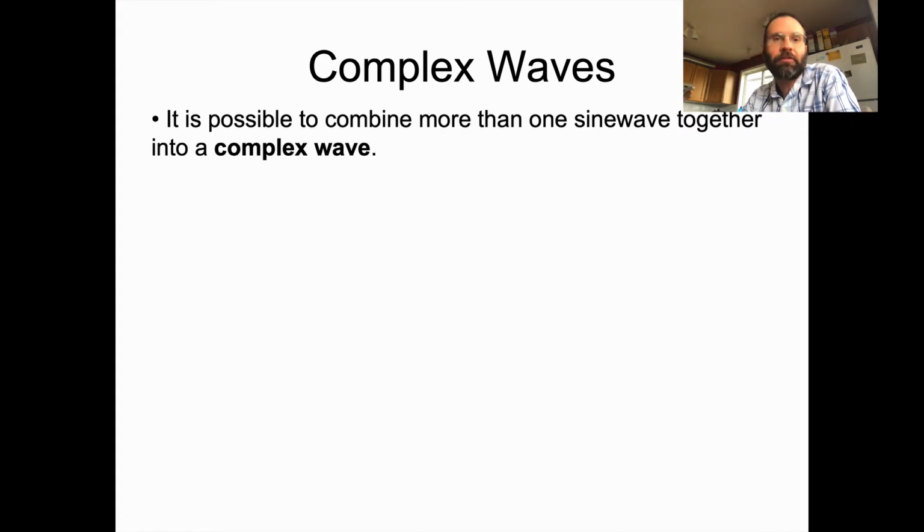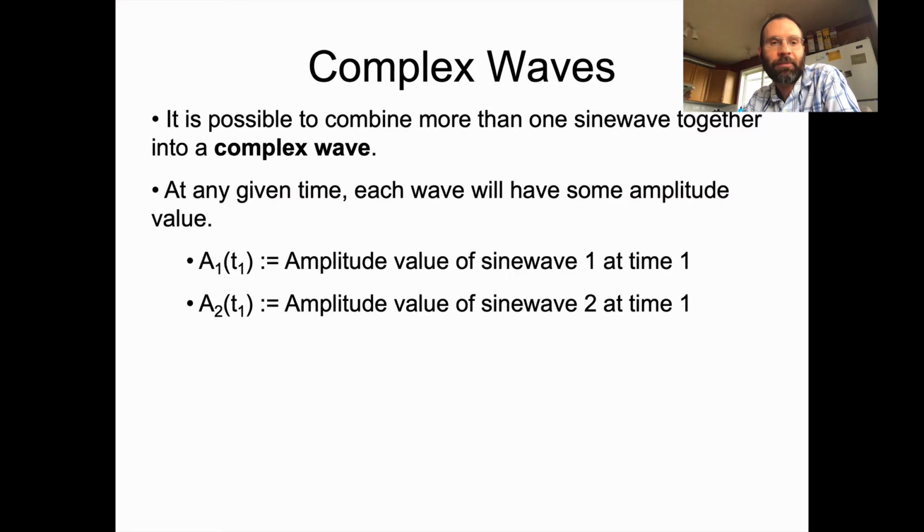We also learned in 341 that you can combine more than one sine wave together to get a complex wave. The way this works is that at any given time, you're adding 2 sine waves together to get a complex wave. At any given time, each sine wave is going to have some amplitude value. We look at a sample at this point in time and figure out what its amplitude value is for sine wave 1 at time 1. We can represent this with a sub 1 of t sub 1: sine wave 1's amplitude value at time 1.